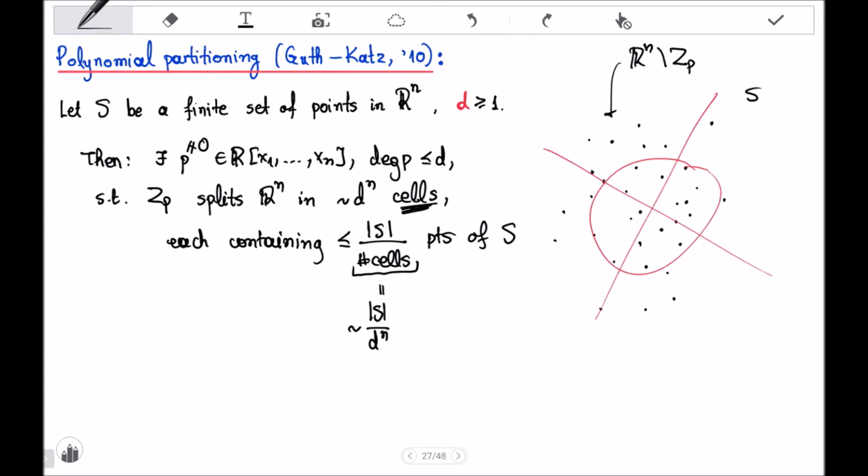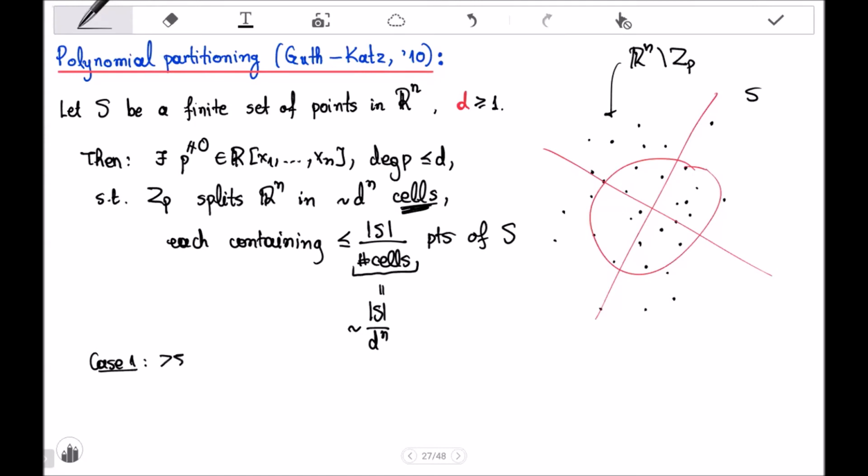So the way you deal with problems is you chop up the set you're interested in into smaller parts, and then you say we have two cases. Case one is the case where what I want doesn't happen. Most of my points live inside the cells, inside these connected components, and not on the zero set.